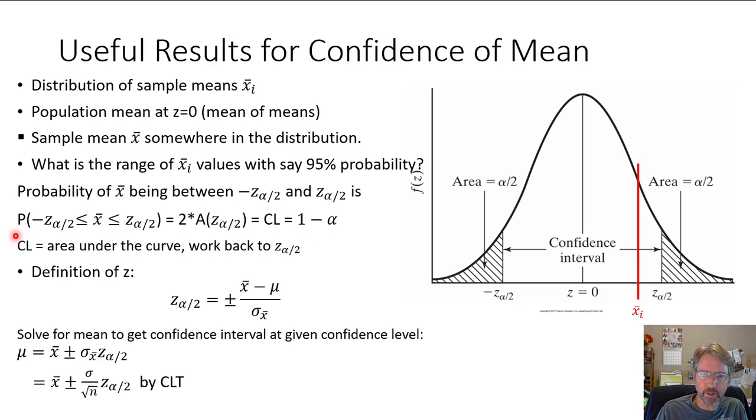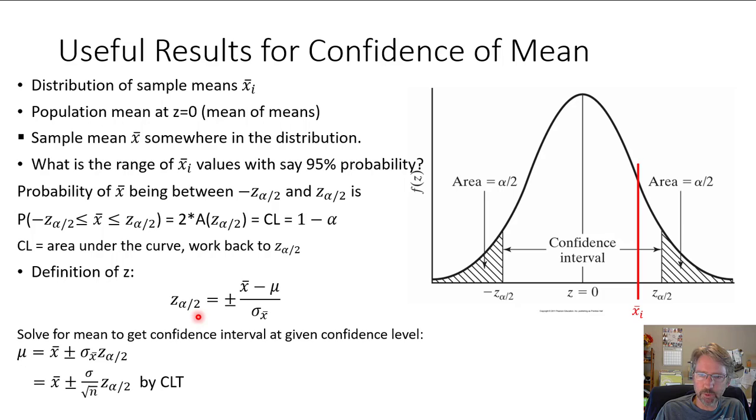So these equations are how we work this. Normally we start with a confidence level. We want 95% confidence, and we want to work our way back to z. So we find the confidence level. That gives us the area. The area in the table gives us z. Then we look at the definition of z.